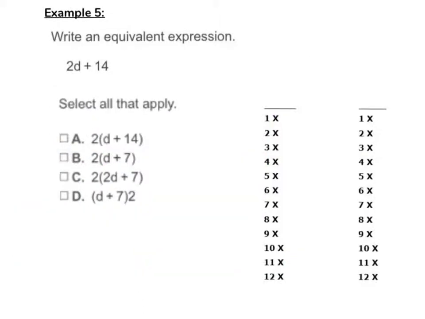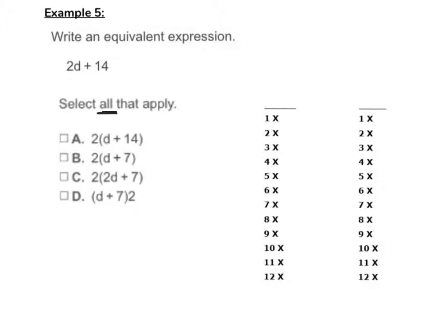Our final example, example 5, is looking to write an equivalent expression selecting all that apply. So again, that word all. So I have 2d plus 14. So again, important piece to this is looking right away, I don't see anything that looks similar to just 2d plus 14 written a different way.